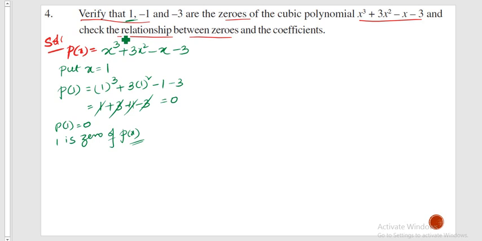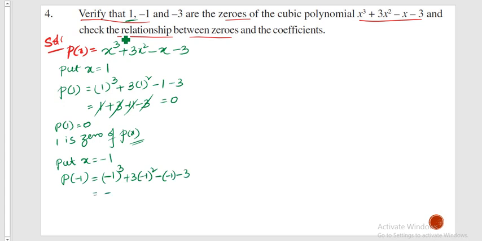So the first one is verified. Next, for minus 1, put x is equal to minus 1. That means I am going to find the value of p of minus 1. This gives me minus 1 whole cube plus 3 into minus 1 whole square minus of minus 1 minus 3.